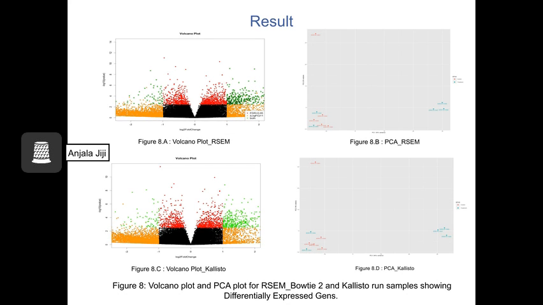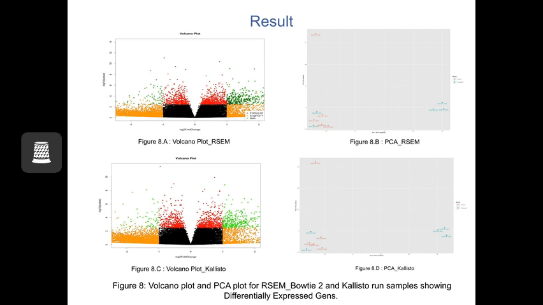After analyzing both software, we got a volcano plot and a PCA plot. As you can see in figures 8A and 8C, both plots look exactly similar with very minute changes. In the case of 8B and 8D, we can see all the groups were almost similarly grouped.